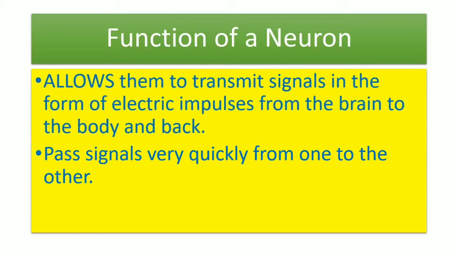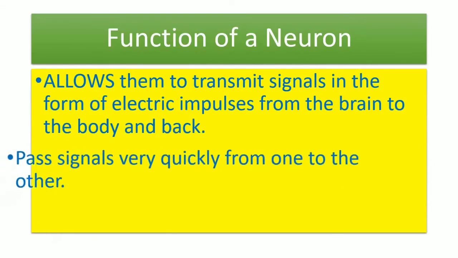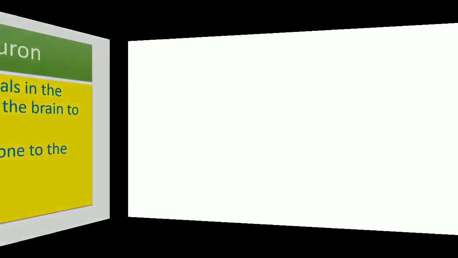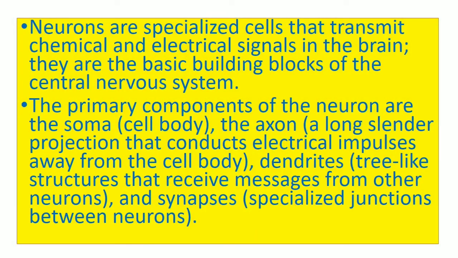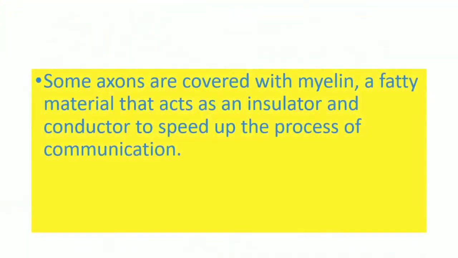Okay. Now moving on to the other part, you have to go with the relay, motor and sensory receptors. The neurons are specialized cells that transmit chemical and electrical signals in the brain. Axons are covered by myelin.